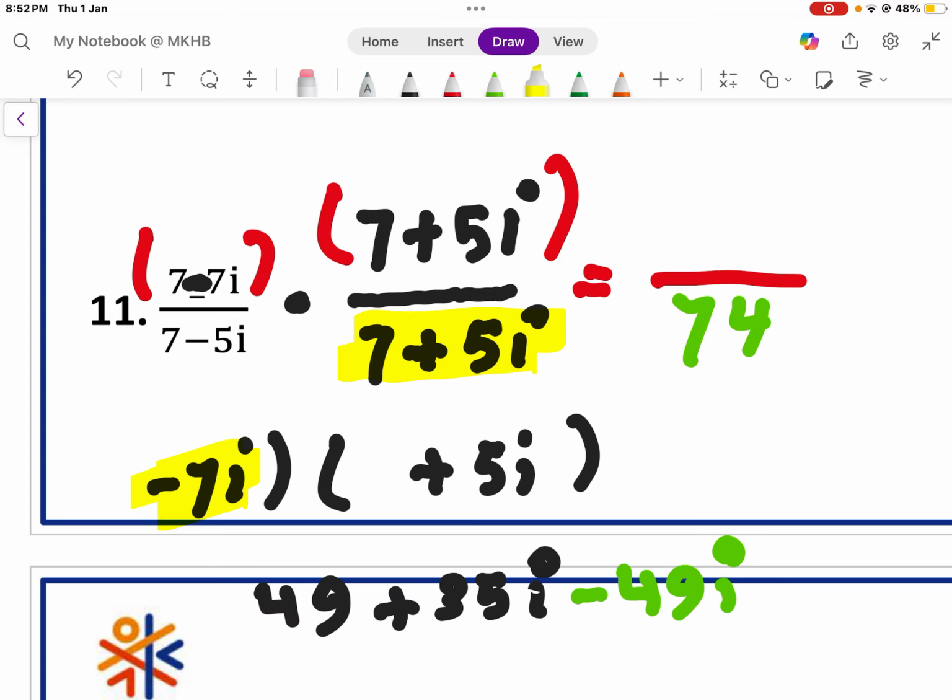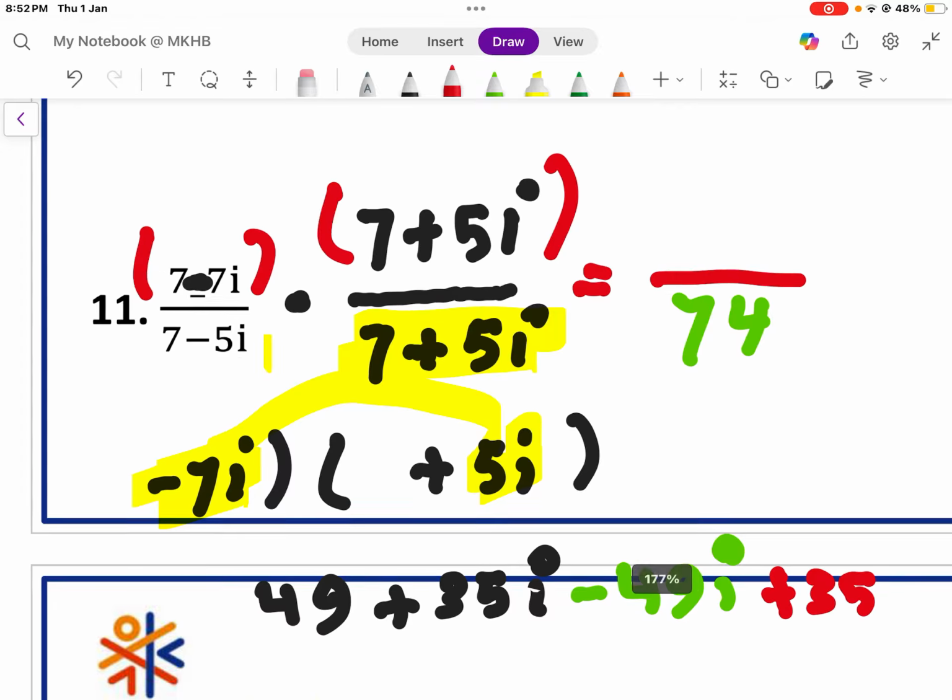Now the last one. Be careful of this. Negative 7 by 5, negative 35. And i by i is i square. And I do what I learned: I erase the i square and reverse the sign. Then I will add them.